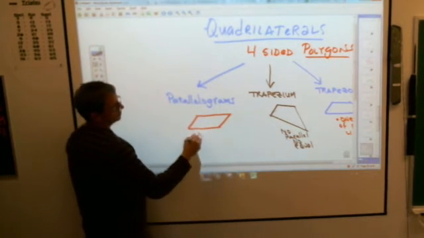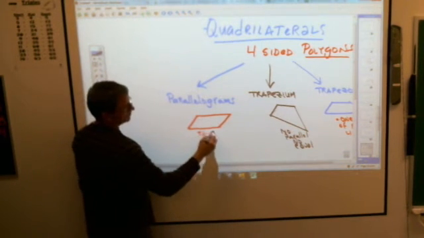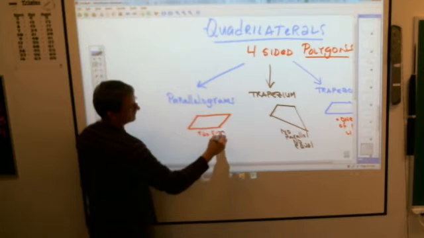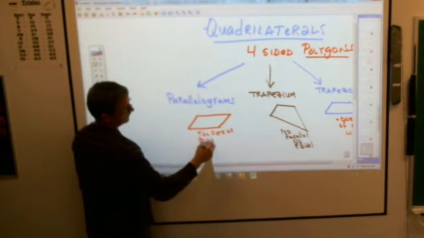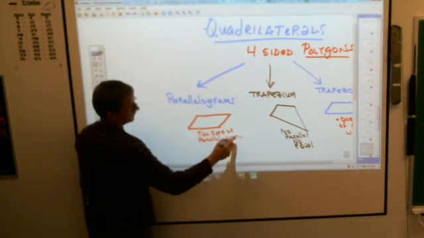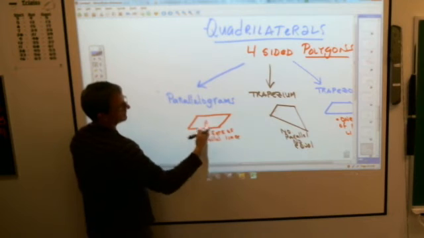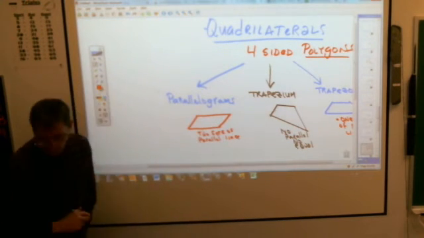It has two sets of parallel lines. Two of them. This side is parallel to that side, and that side is parallel to that side. That's kind of exciting, don't you think?